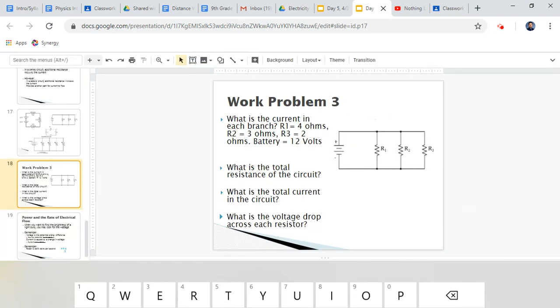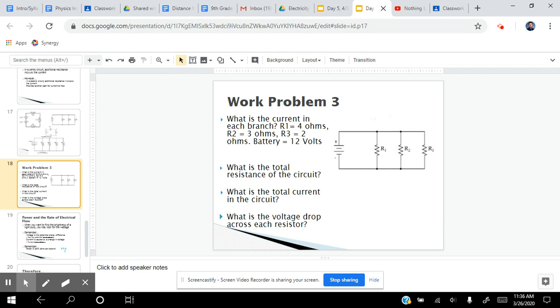Okay, moving on to work problem number 3 here. Figuring these out can be a little bit tedious because we are working with 2 different types of circuits, and we can get confused between the two. But just keep in mind that you are always using Ohm's law, V equals IR, whenever you're solving for one of these.